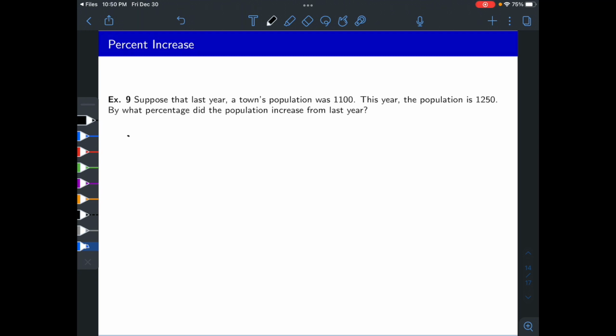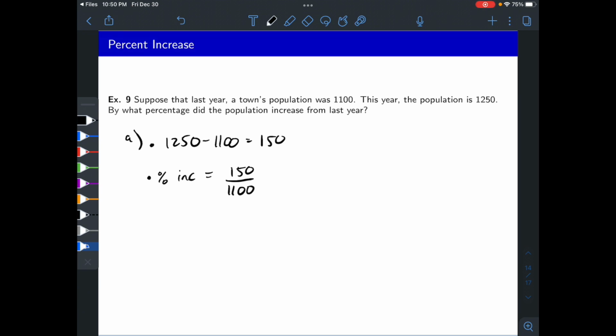I'll call this option A. You figure out the difference, 1,250 minus 1,100, which is equal to 150. That would be your first step. Your second step would be that your percent increase is equal to 150 as a fraction out of 1,100, and then convert this number to a percentage.